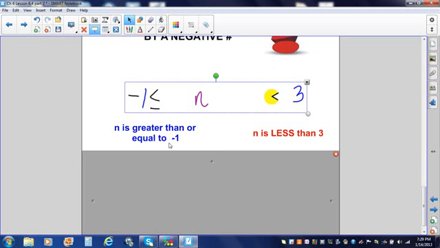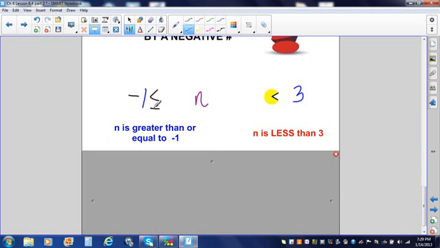Ask yourself, are we going to have an open circle or a closed circle? Well, this tells me that this side will be a closed circle because it's equal to. This tells me it will be an open circle because there is no equal to underneath.